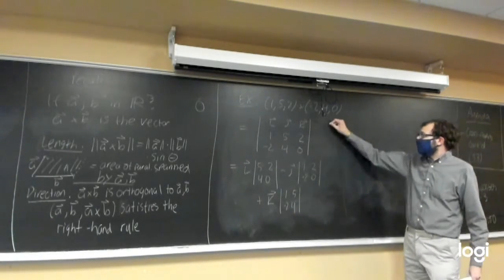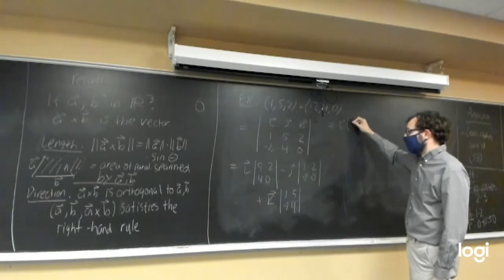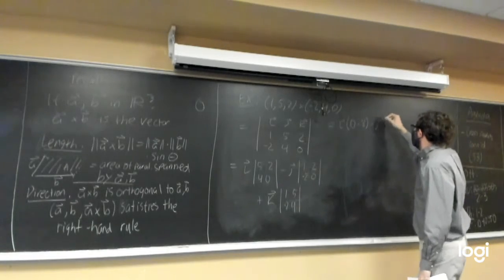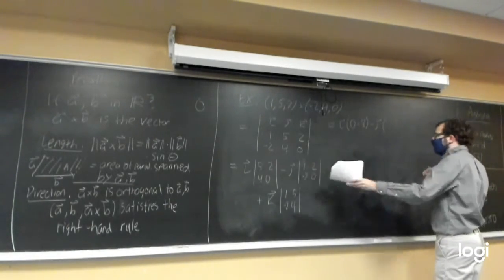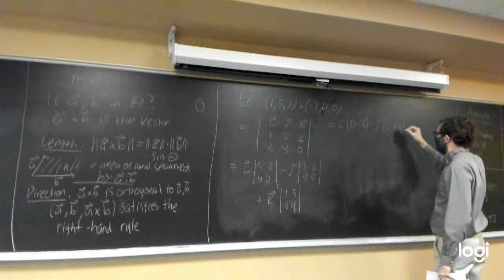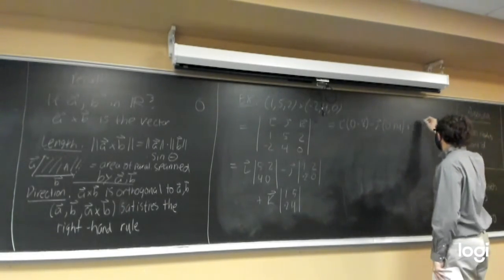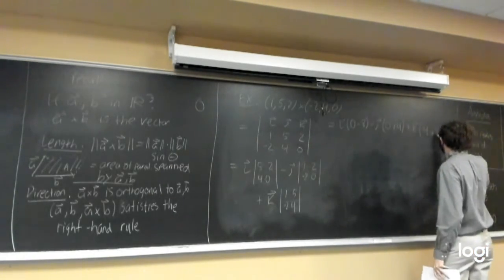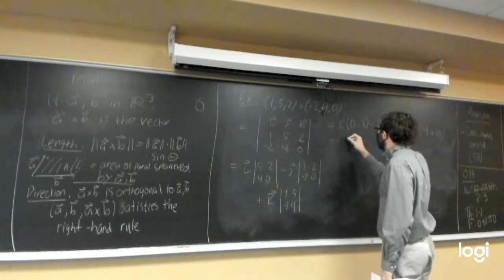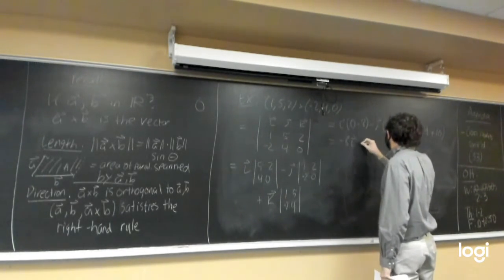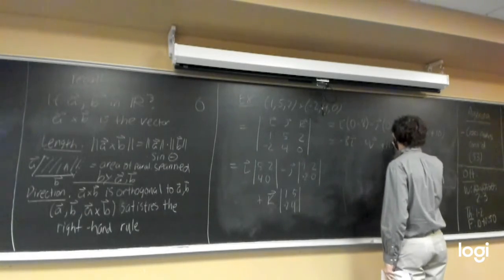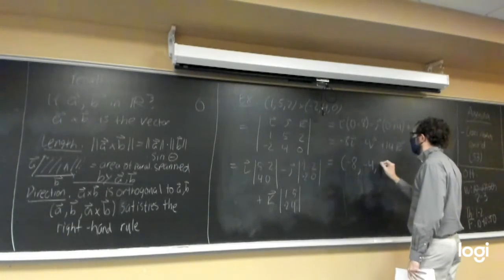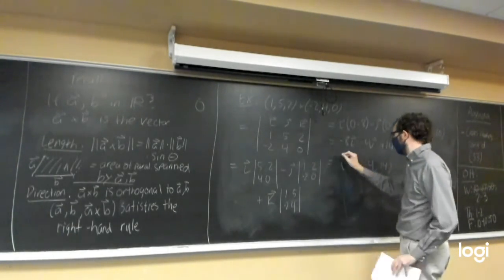Which is going to give us i times what? 0 minus 8, minus vector j times 0 minus a negative 4, which becomes 0 plus 4, plus k times 1 times 4 is 4 minus negative 10, so 4 plus 10, which gives us -8i minus 4j plus 14k, and here is our cross product. It's (-8, -4, 14).